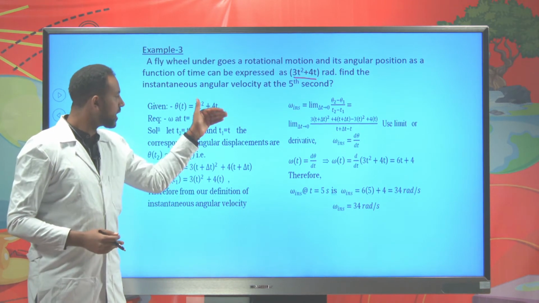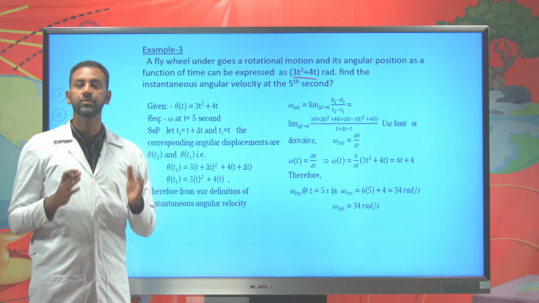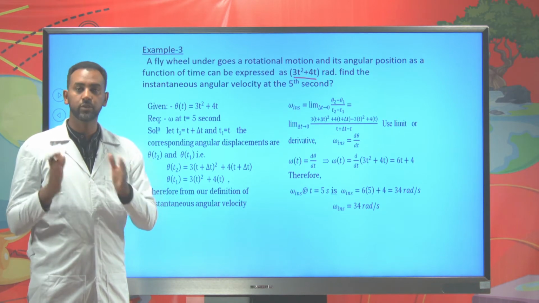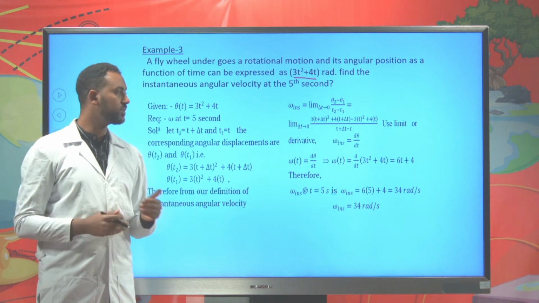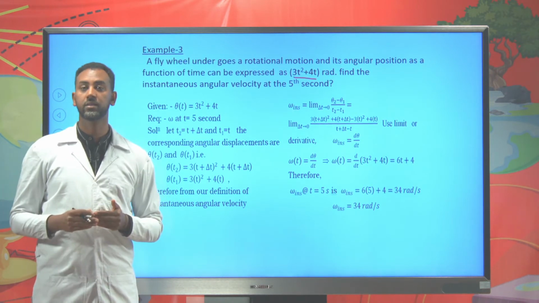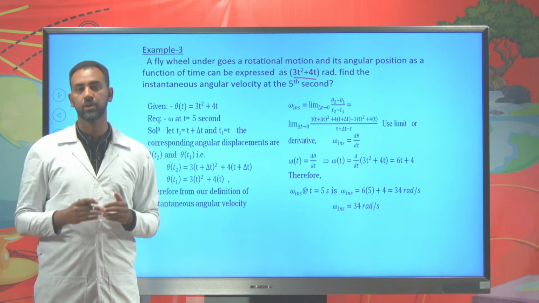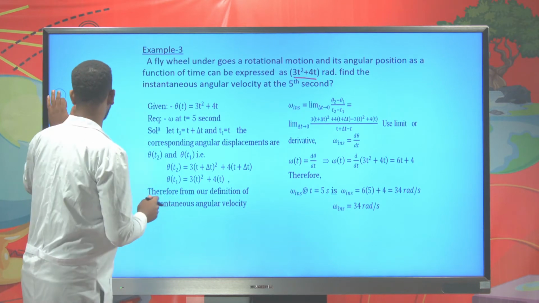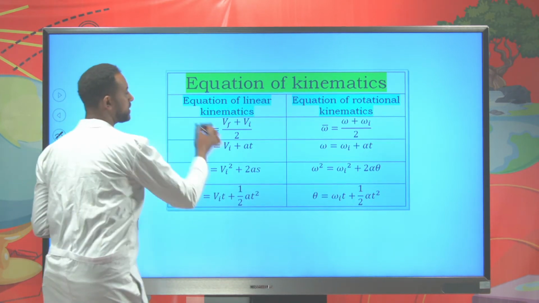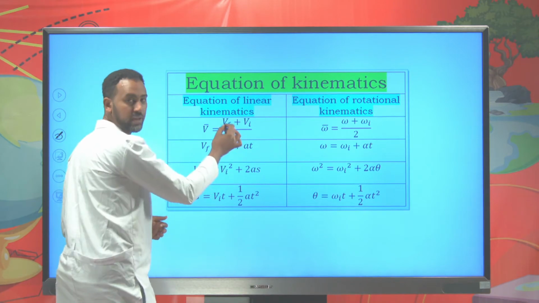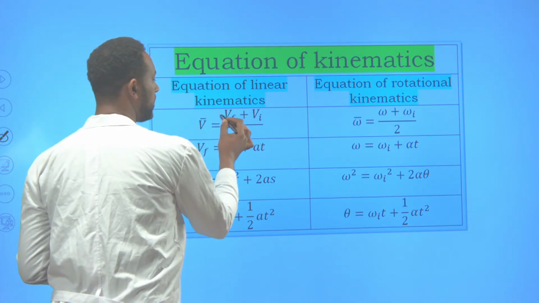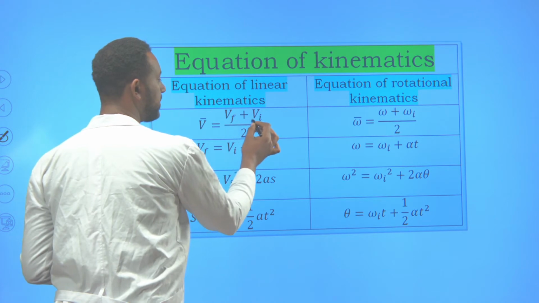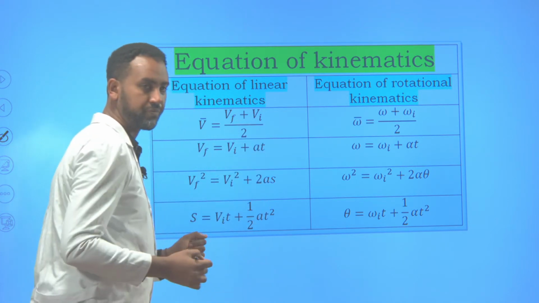To solve this kind of example, we have to know all the equations that you have learned in kinematics. In linear kinematics, you have learned that for a uniformly accelerating motion, we have the big 4 equations. What are those equations? The average velocity is equal to the final velocity plus the initial velocity over 2.